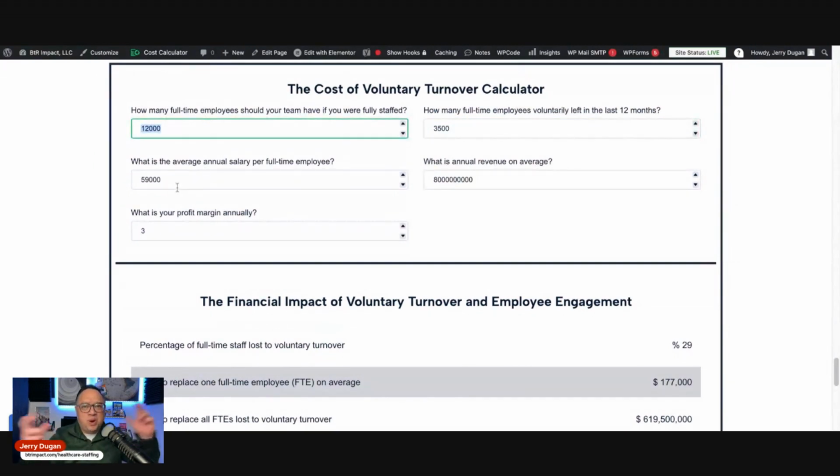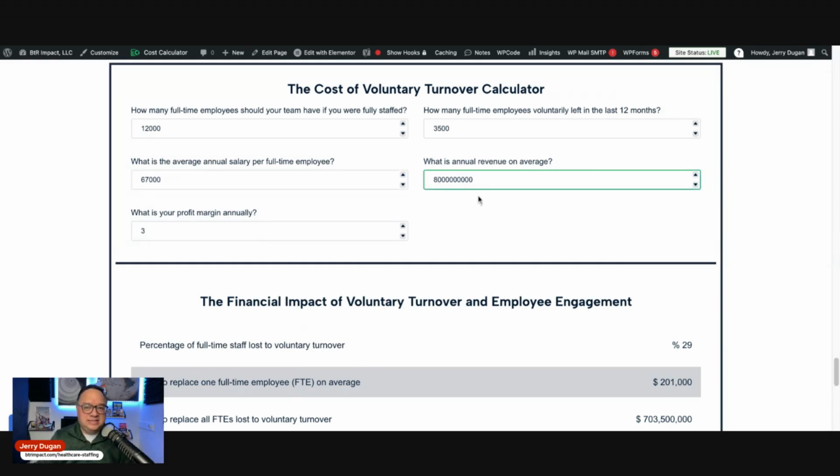If you have multiple part timers and contractors, you kind of bring them together to make a full time employee. Let's say $59,000 a year is the average salary in the United States, or the median, I believe. Maybe it's not median. Maybe it's the one where you add it up and divide it. But let's say in a healthcare organization, it's more like $67,000. That's if you took everybody's salary, pulled it together, and divided it by 12,000 people. It's $67,000 a year per person.